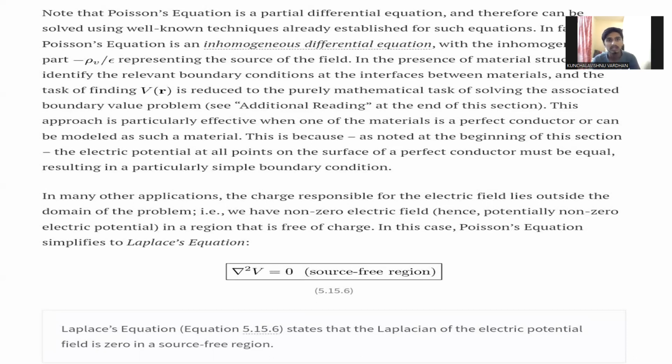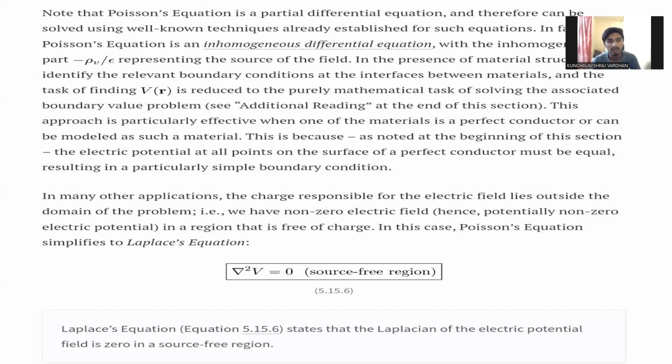In fact, the Poisson equation is an inhomogeneous differential equation with the inhomogeneous part rho_v by epsilon representing the source of the field. In the presence of material structure, the relevant boundary conditions at the interface between materials reduce the task of finding V of R to the purely mathematical task of solving the associated boundary value problem.